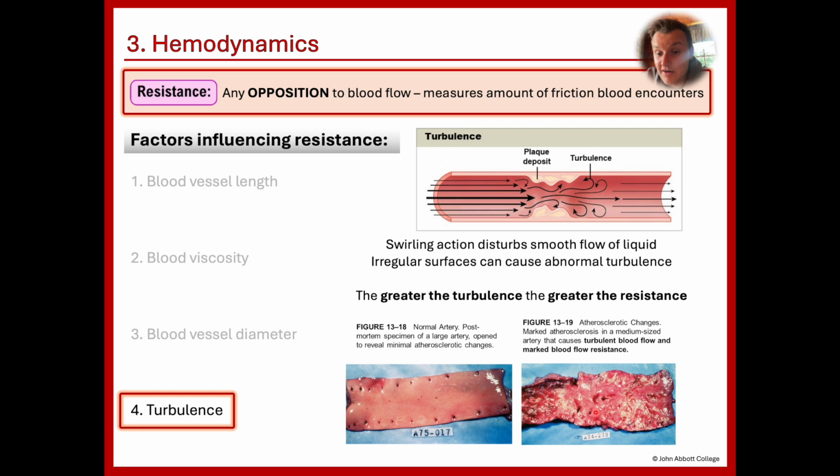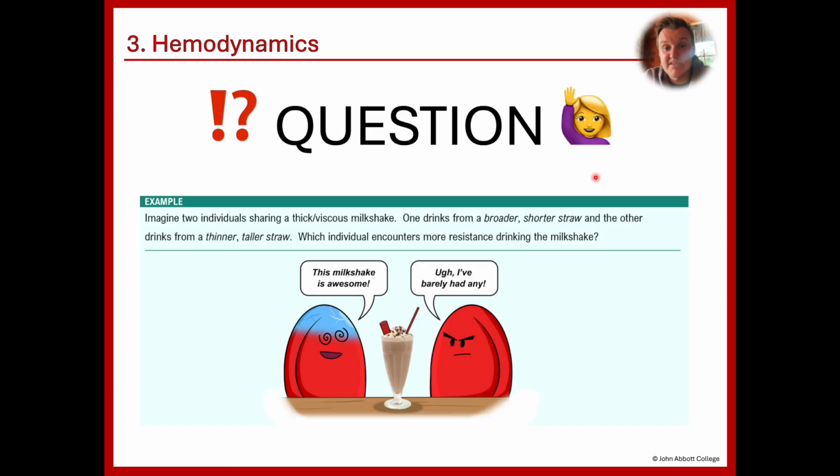This is the same part of the body, but a different patient. And do you see all of these bumps, these fat deposits? That would create turbulent blood flow and actually slow down the blood. It would increase resistance a lot and slow down the blood flow. The more the turbulence, the slower the blood will flow because of an increase in resistance.